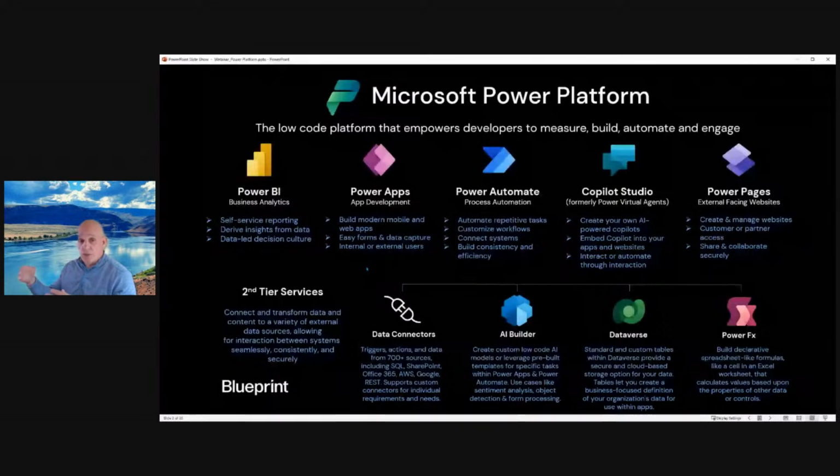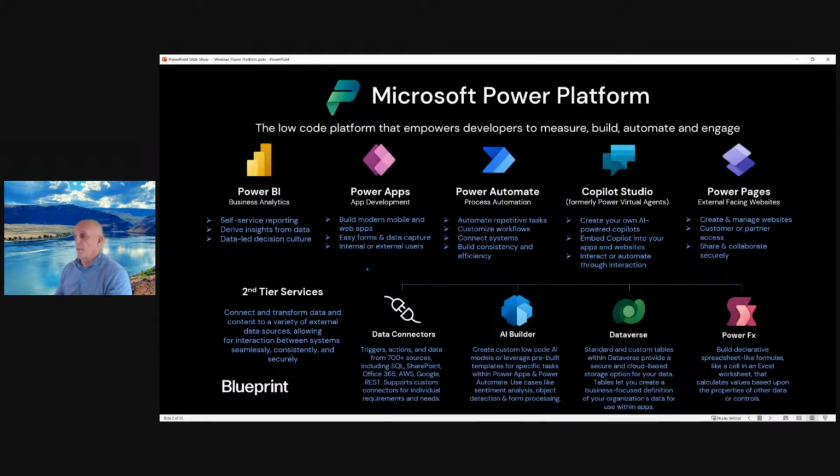And not only Copilot Studio, but Copilot in and of itself has been integrated across all of these products. So your ability to prompt and ask questions around what you're trying to accomplish within each of these products is now present and very relevant for development. Power Pages is external facing websites that certainly get some use in the Power Platform.